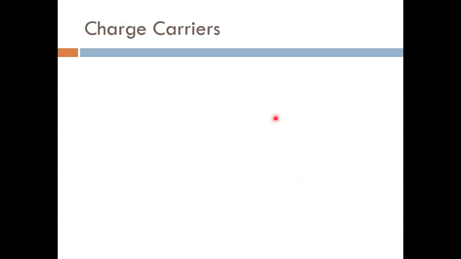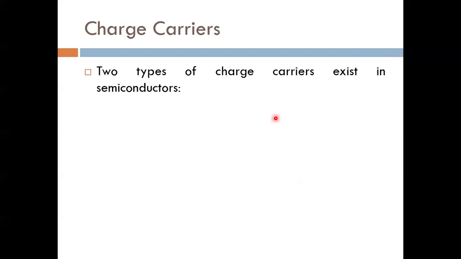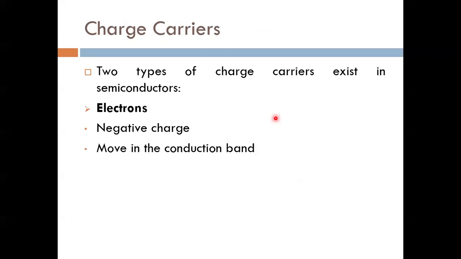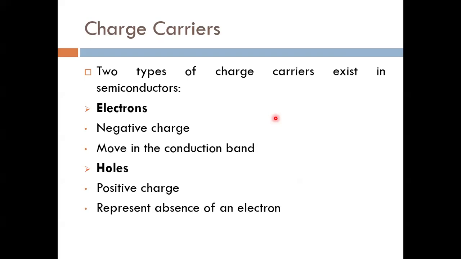Now, as we already know, there are two types of charge carriers. One is electrons. They have negative charge, and of course they will move in the conduction band. The other is holes. Actually, holes are the vacant space, the vacancy, the absence of electrons, so they are treated as positive charge and they represent the absence of an electron, and both contribute to the current flow.